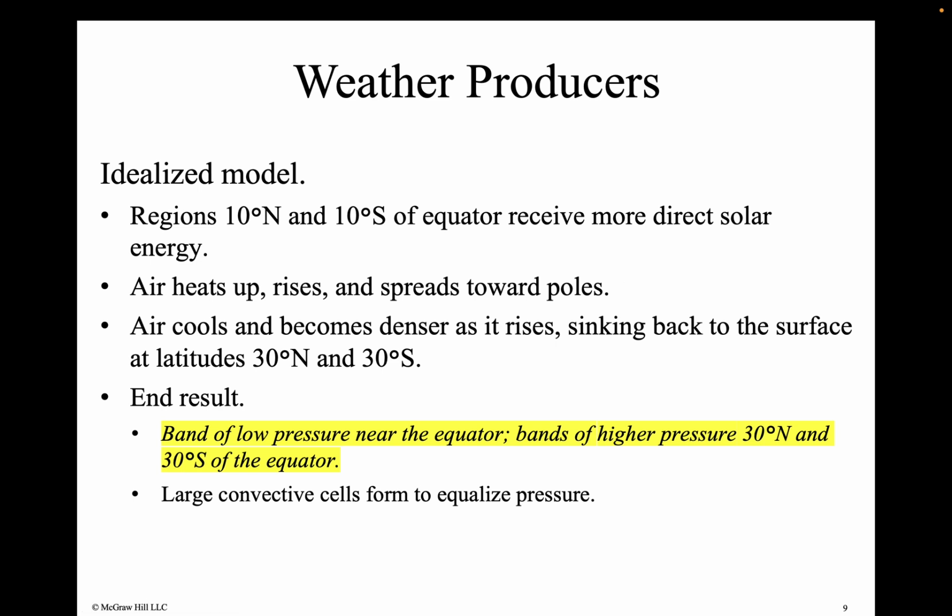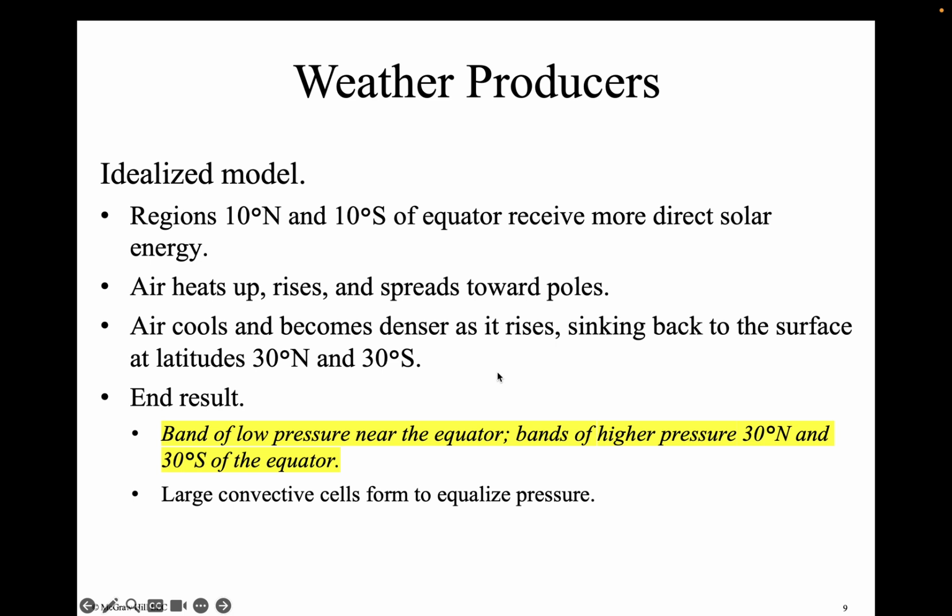As the air rises, it starts cooling and becoming denser. As the air becomes denser, it will sink back to the surface at around those latitudes of 30 degrees north and 30 degrees south.